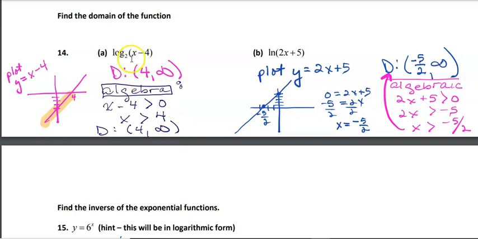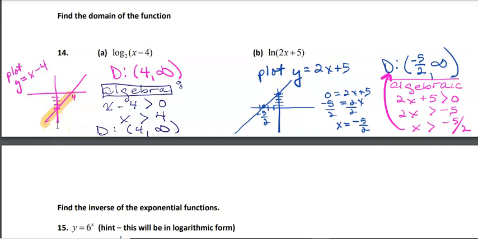If you like the idea of plotting things, here is a transformed function. This is the parent function y equals log x, pushed right 4 units. So find your x-intercept by setting the y to 0. That's going to be 4. So all the orange highlight here are values that you cannot have because these y's are negative.